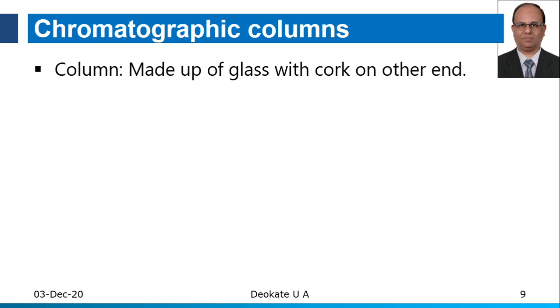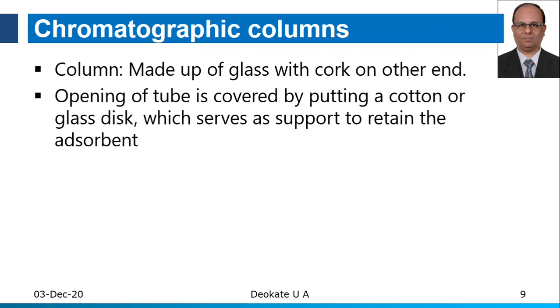Columns made of glass with cork on the other ends are commonly utilized in column chromatography. The opening of the tube is covered by putting in cotton or a glass disc. Sintered glass discs are generally placed at the bottom of the column, which serve as a support to retain the adsorbent.